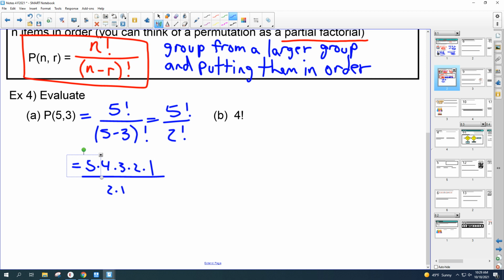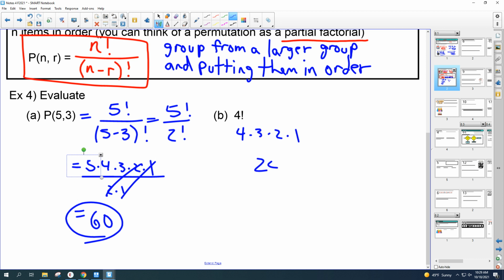What ends up happening here is the 2 and the 1 cancel out, and you're left with just 5 times 4 times 3. 5 times 4 times 3 is 60. Now again, I'm probably never going to have you do that by hand, but that's why it's happening. 4 factorial just means 4 times 3 times 2 times 1. So that's a lot easier to do by hand. That's 24.